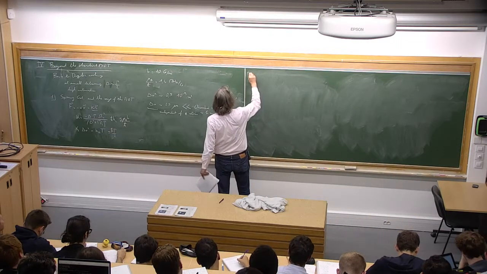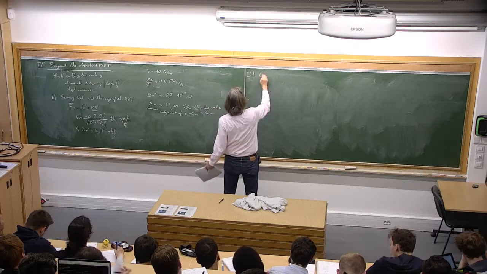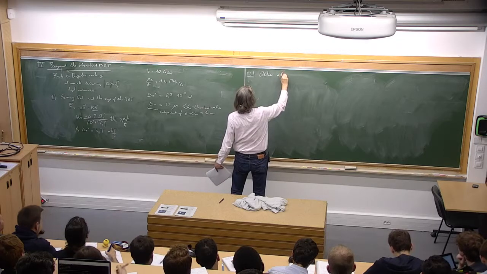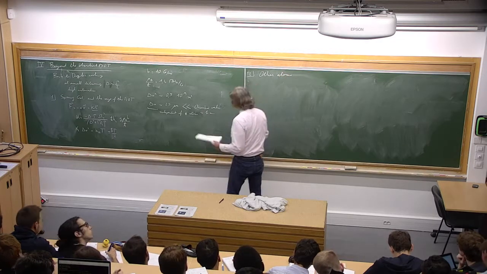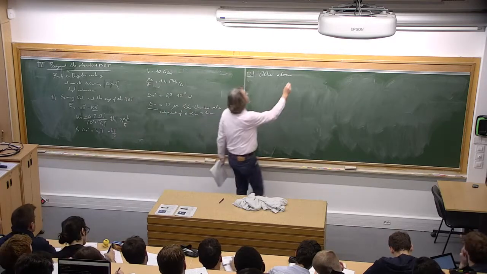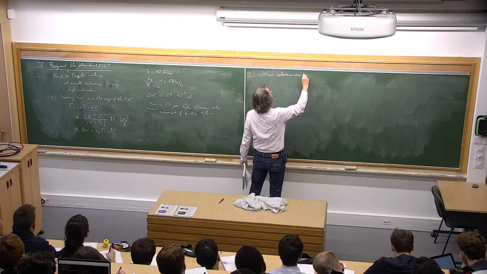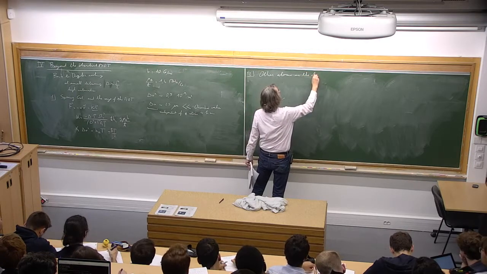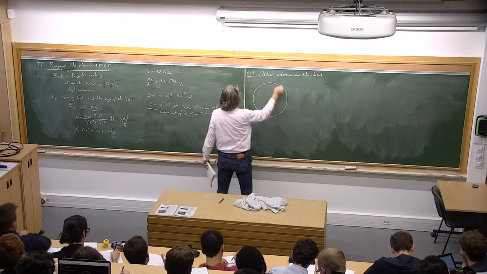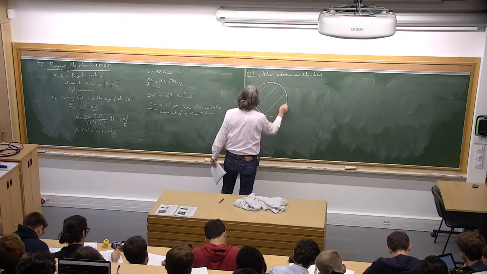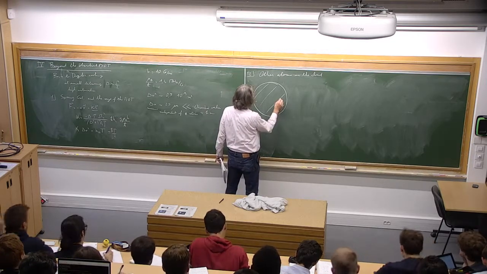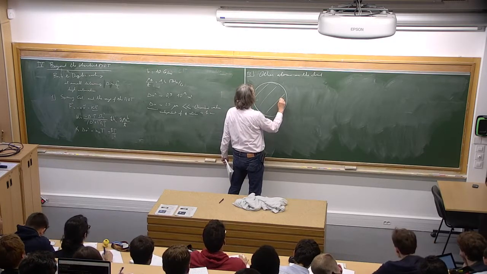So, point 2 is what are the roles of the other atoms in the cloud. So, we have a cloud with some atoms, and I am interested in one specific atom.